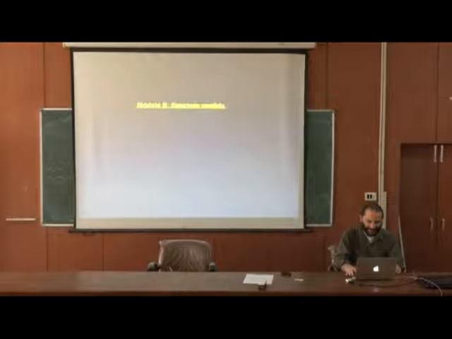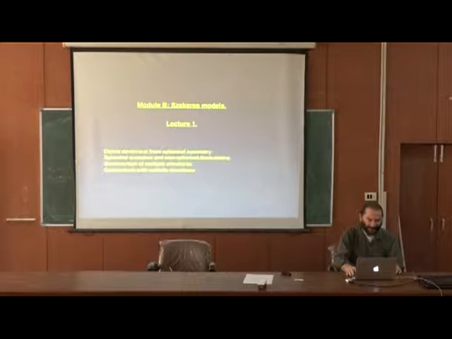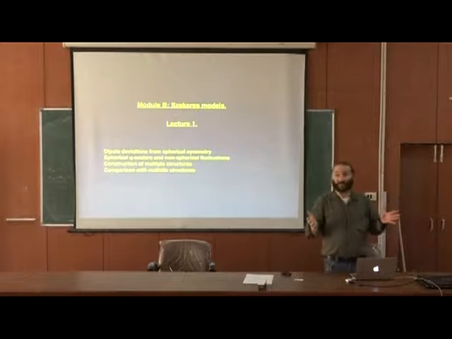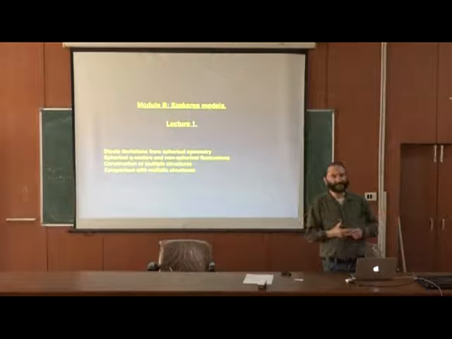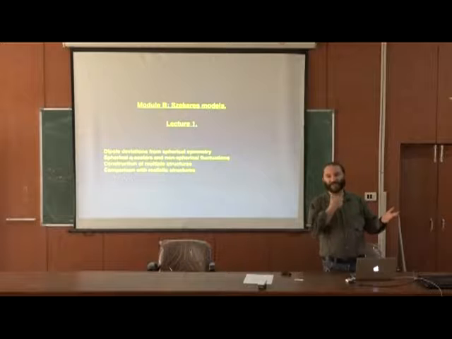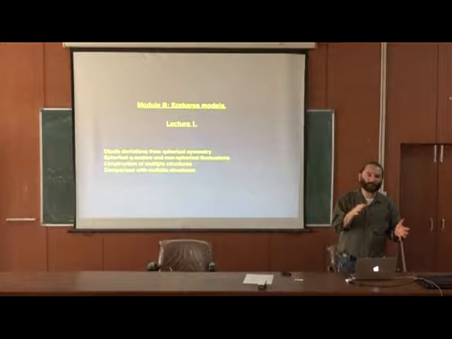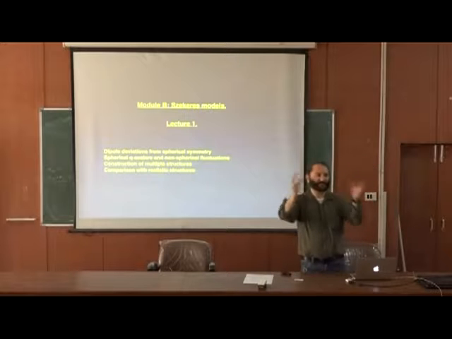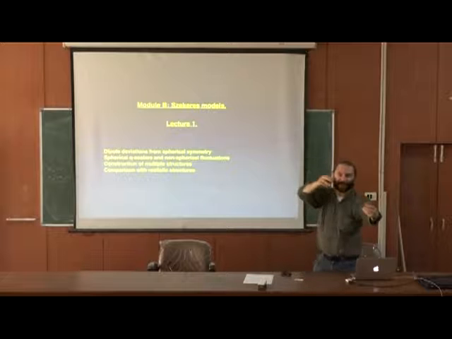Now, we're going to see Szekeres models, only one lecture. They are no longer spherically symmetric, but also they are not the most general models at hand. What they do is impose a dipole. A spherically symmetric distribution is a monopole, right? A dipole is when you have a direction.